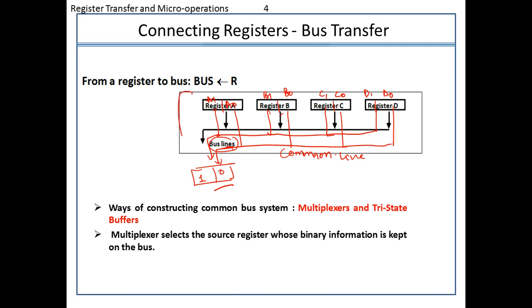So there are a number of mechanisms which decide which particular register actually has to transfer the data through this common bus system. There are basically two ways to construct the common bus system. One is the multiplexer and another is the tri-state buffer. So if you have to learn more about these, let's start by understanding the multiplexers. How will the multiplexers help in the construction of the bus systems?